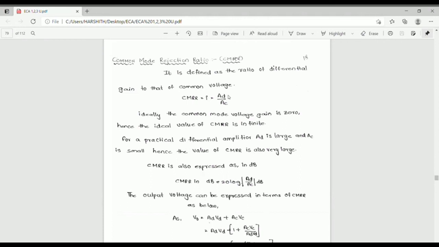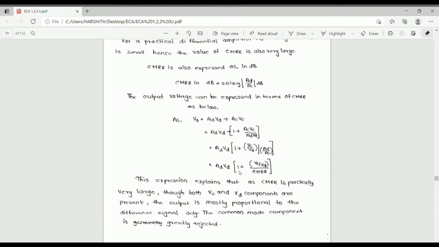The output voltage can be expressed in terms of CMRR. V0 equal to AD Vd plus AC Vc. This can be simplified as AD Vd into 1 plus Vc by Vd by CMRR. In terms of CMRR, V0 equal to AD Vd into 1 plus Vc by Vd by CMRR.